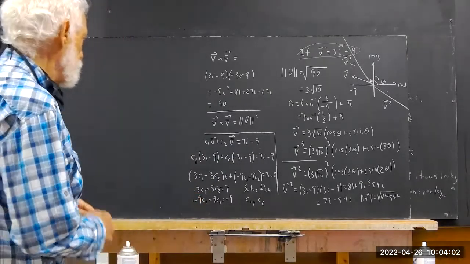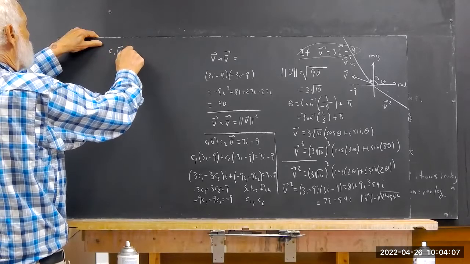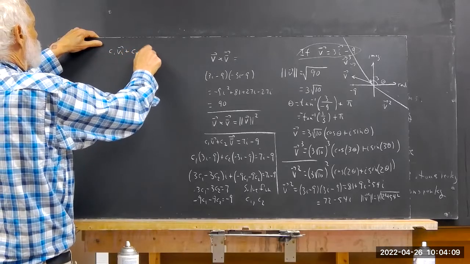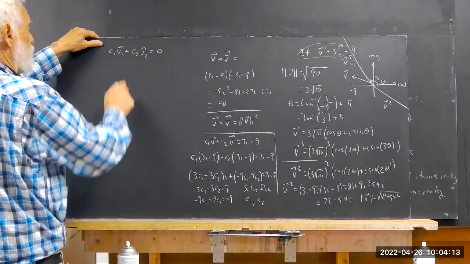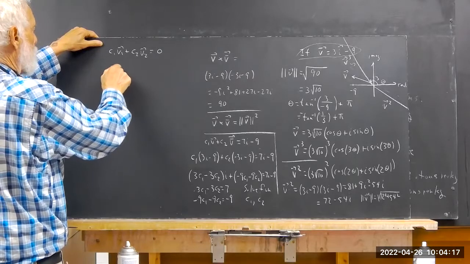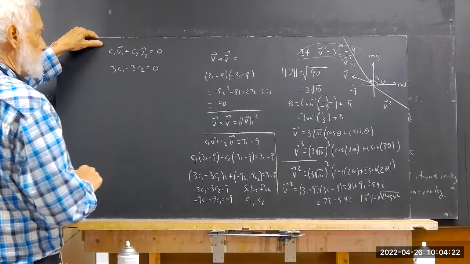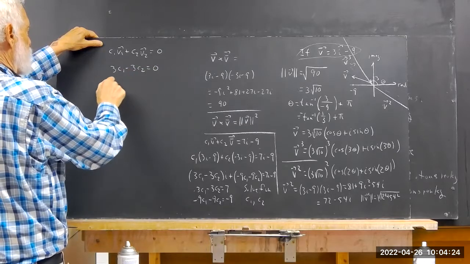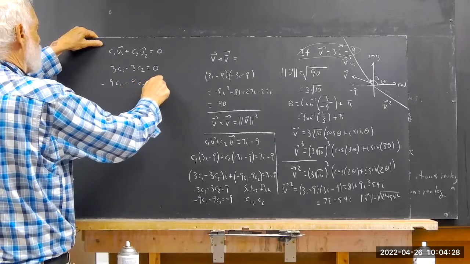Okay, so let's look at the equation. C1 V1 plus C2 V2 equals 0. Then 3C1 minus 3C2 equals 0. Negative 9C1 minus 9C2 equals 0.